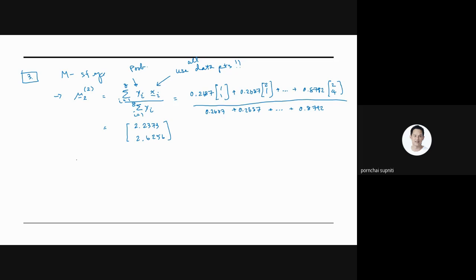And if you want to find the mean, or the centroid, for cluster 1, we repeat similar steps, but instead of using gamma, we use 1 minus gamma.